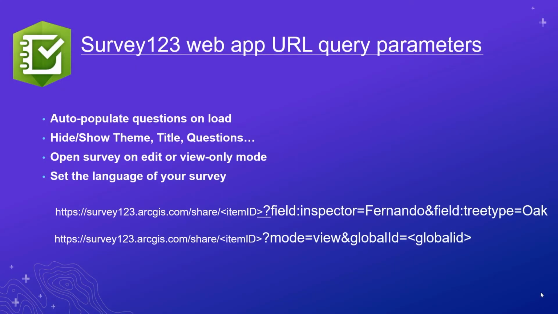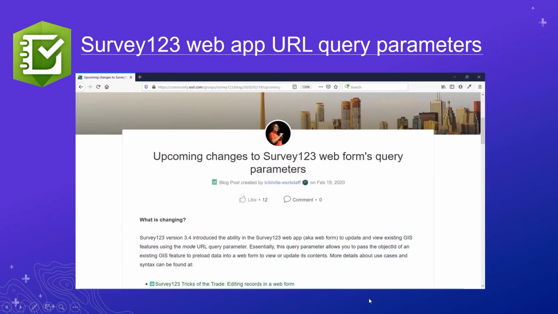If you are already familiar with query parameters, you may have noticed that I have emphasized the use of the global ID as the means to get records into your web form. But we have been using Object ID for a while. This is changing. This blog post in GeoNet articulates what is actually going to happen.